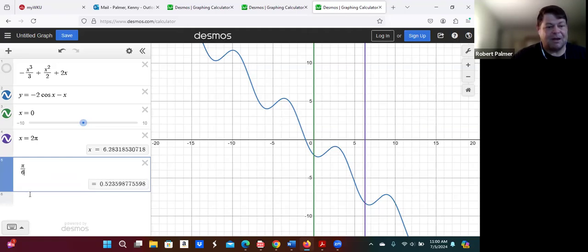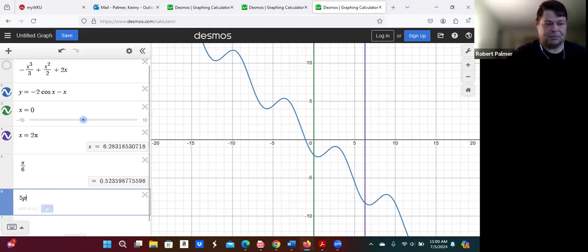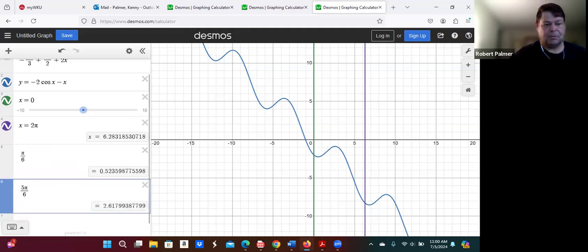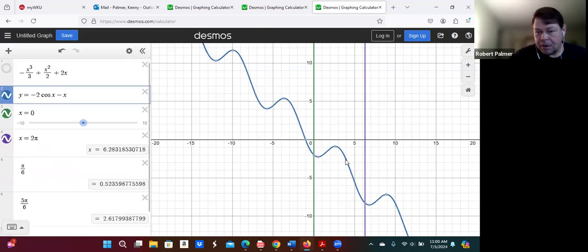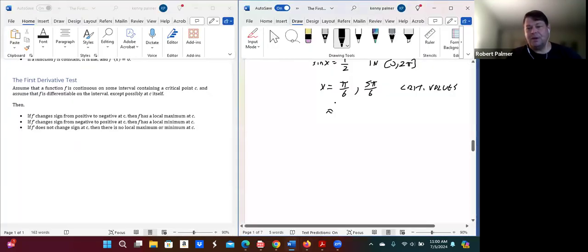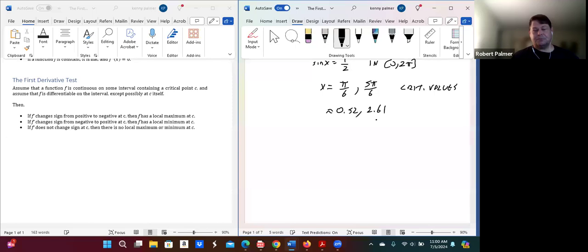Okay, then 5 pi over 6. You already see those values right here, but make sure we get the same thing, about 2.61. So 0.52 and 2.61. It's approximately 0.52 and about 2.61. Okay.